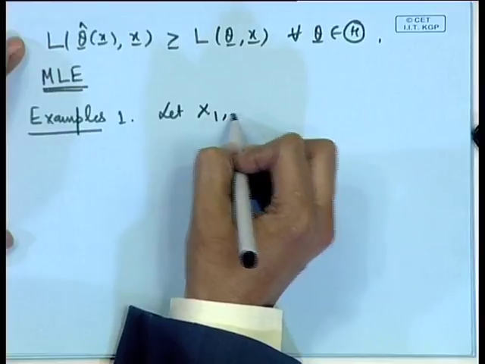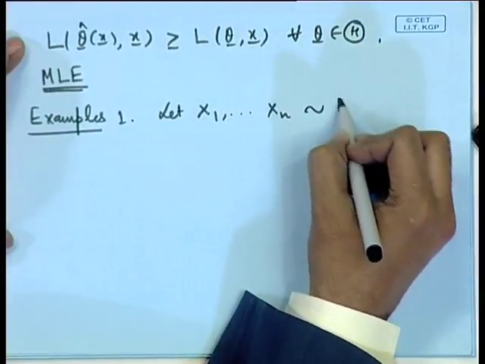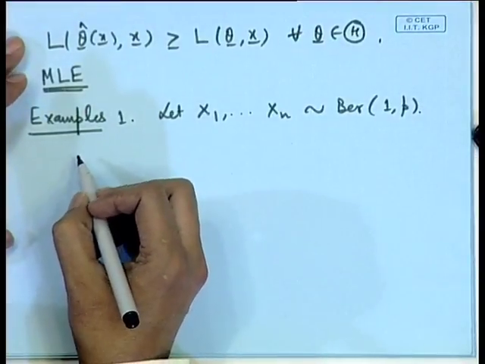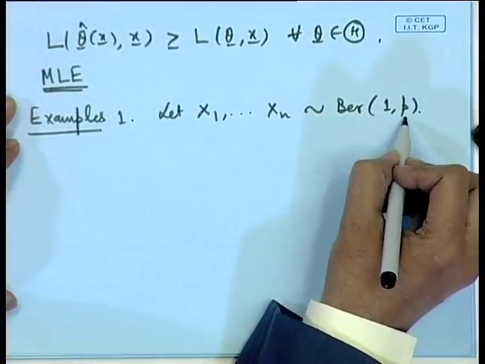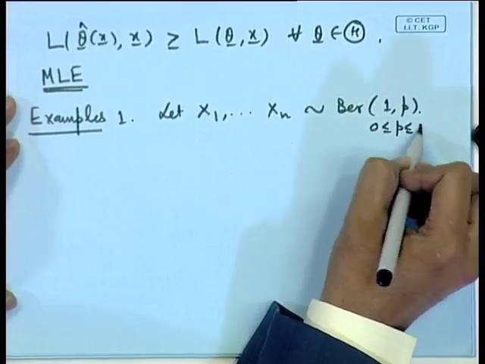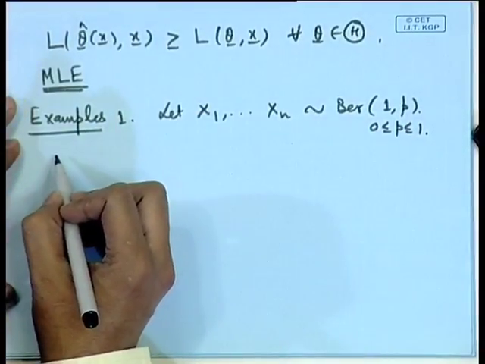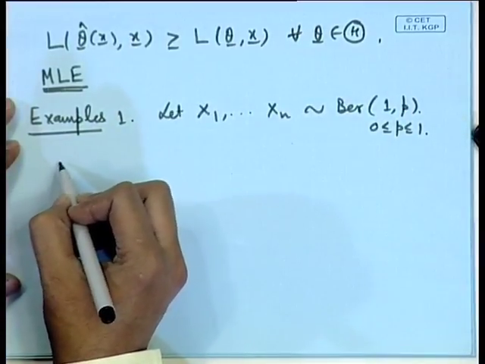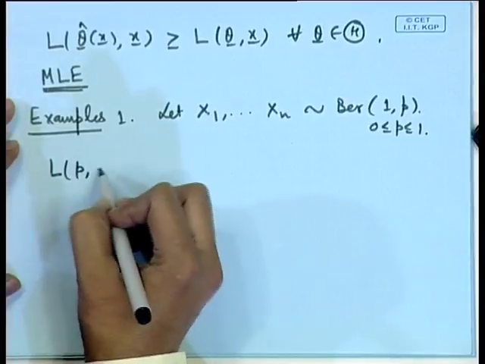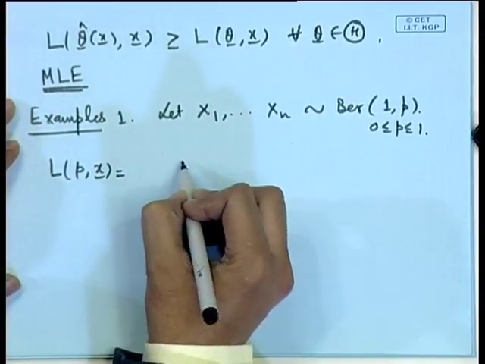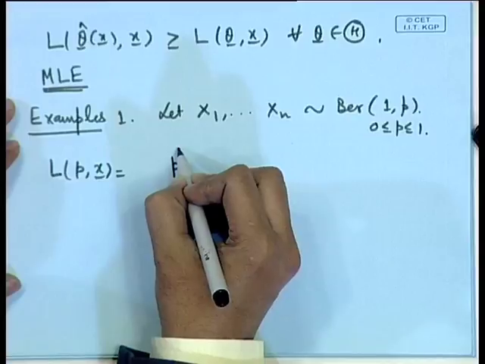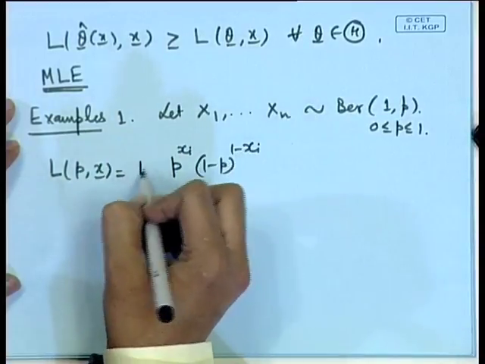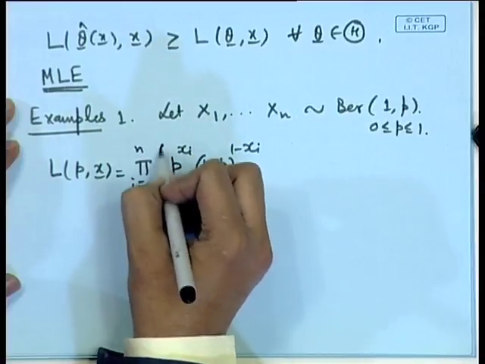Let X1, X2, ..., Xn follow, say, a Bernoulli distribution. Here p is the unknown parameter. We want to find the maximum likelihood estimator for p. So, we write down the likelihood function, that will be equal to the product of p to the power xi, (1 minus p) to the power 1 minus xi, i equal to 1 to n.